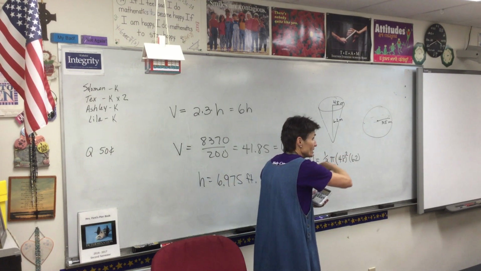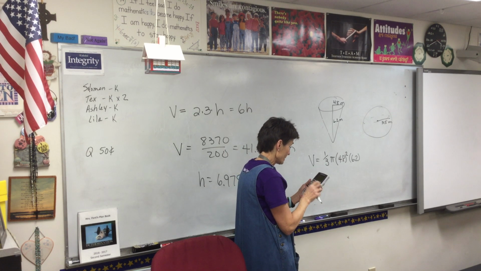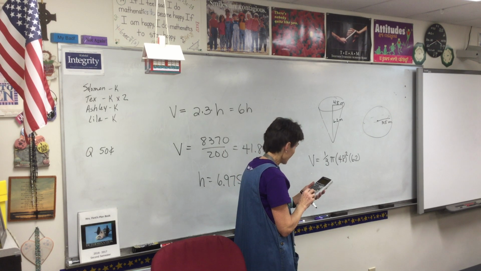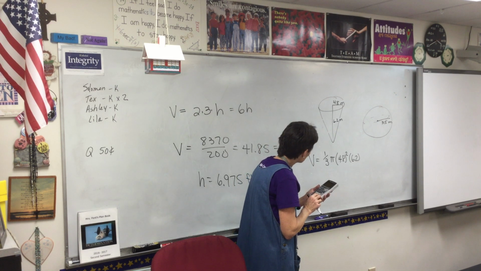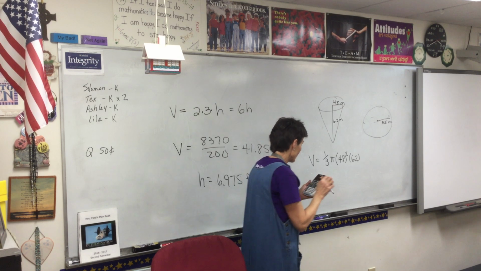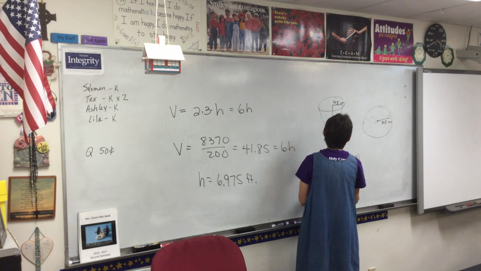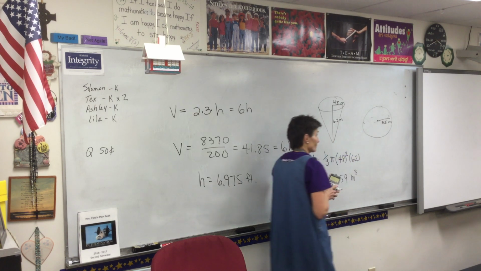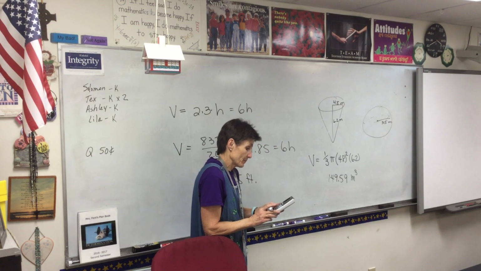I have to compare these two numbers. So I'm going to type 1 divided by 3 times pi times 4.8 squared times 6.2. I got 149.59 cubic meters. That's the volume of that if I type that in right. Which I think I did.